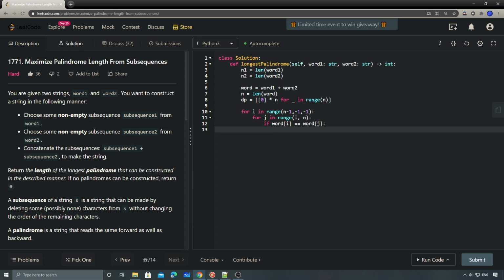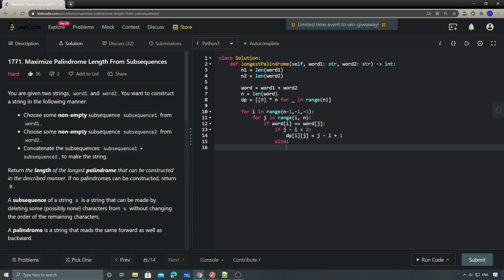If j minus I is smaller than 2, it means there's only either one or two letters, right? So in this case, we can simply set dp I j equals j minus I plus 1, because that will be the answer.